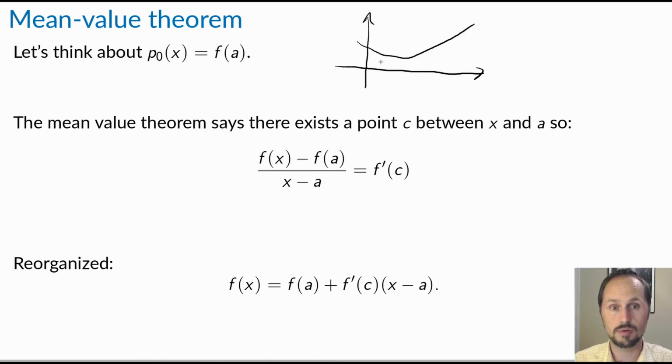I have a point, let's call this point A and this point X. Then what it's saying is that if I look at the average slope between those 2 points, there's going to be some point here on my curve where the tangent line is parallel to that secant line.